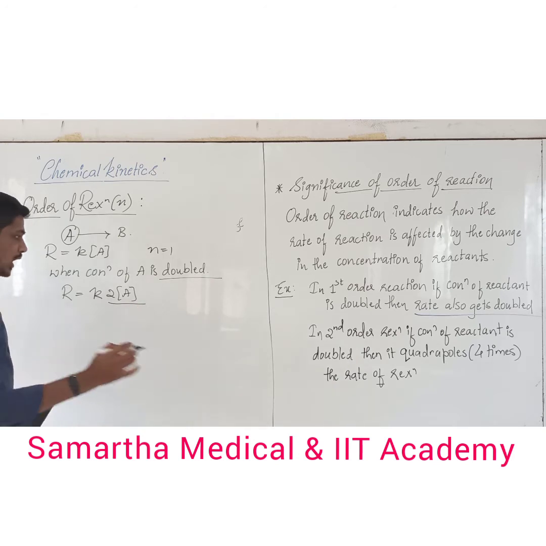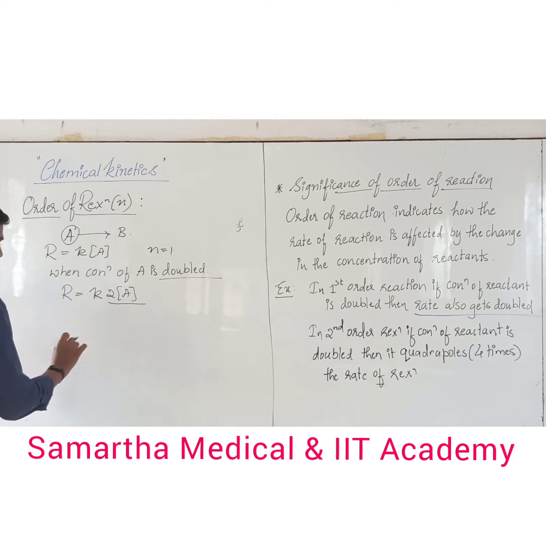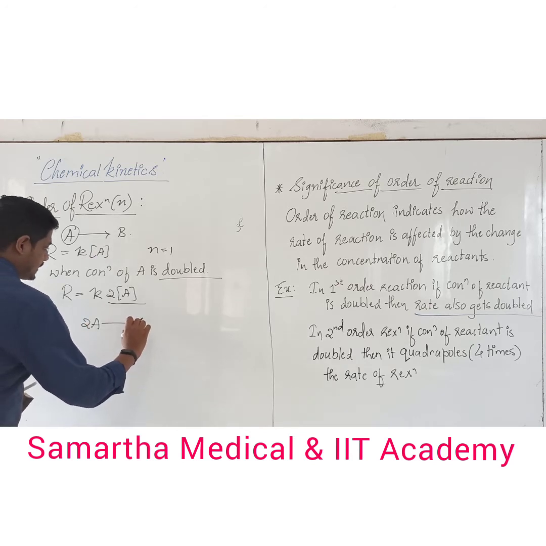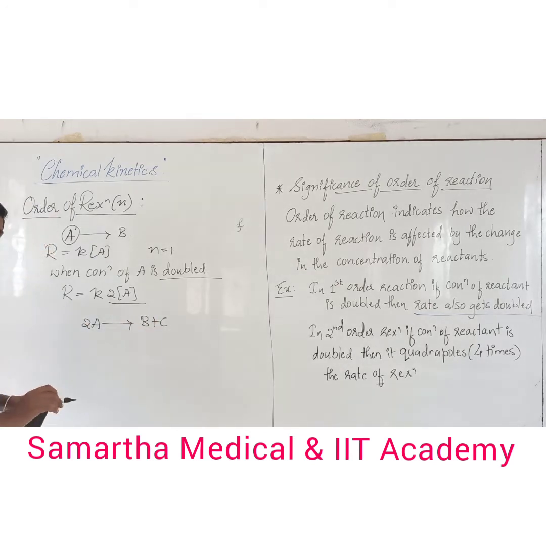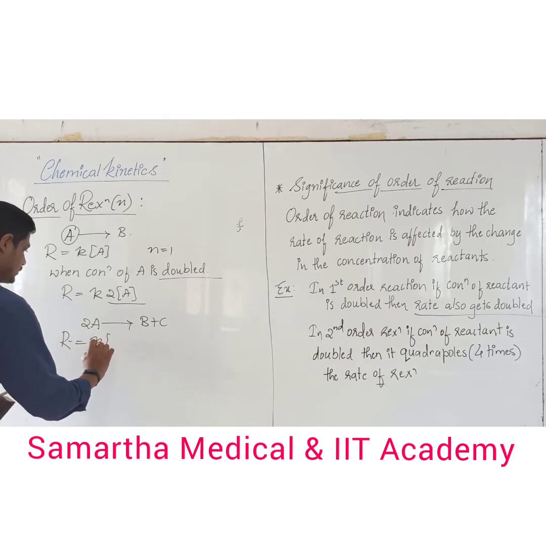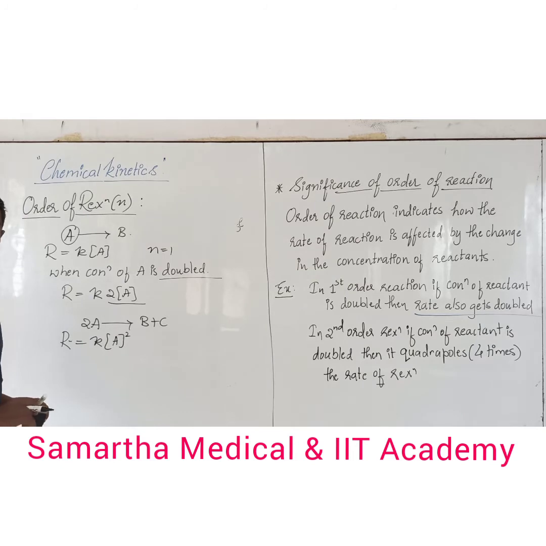2 times. Now if I consider the second order reaction, say 2A is giving me B plus C, and I write the rate R is equal to K into the square of A, isn't it?